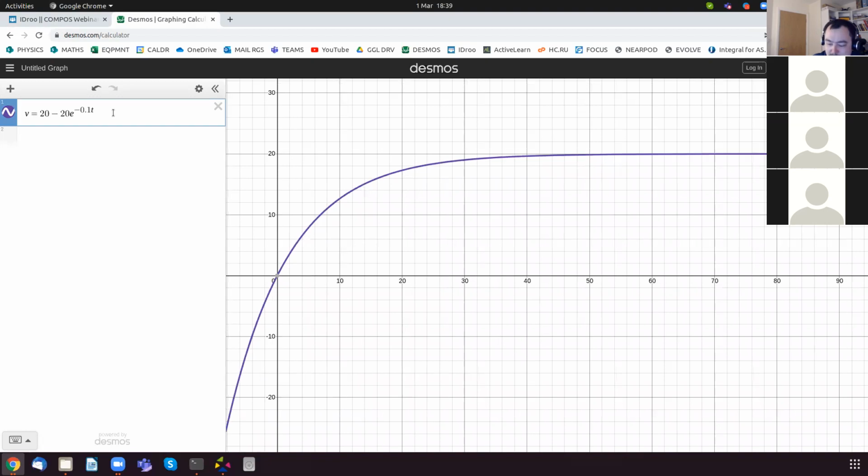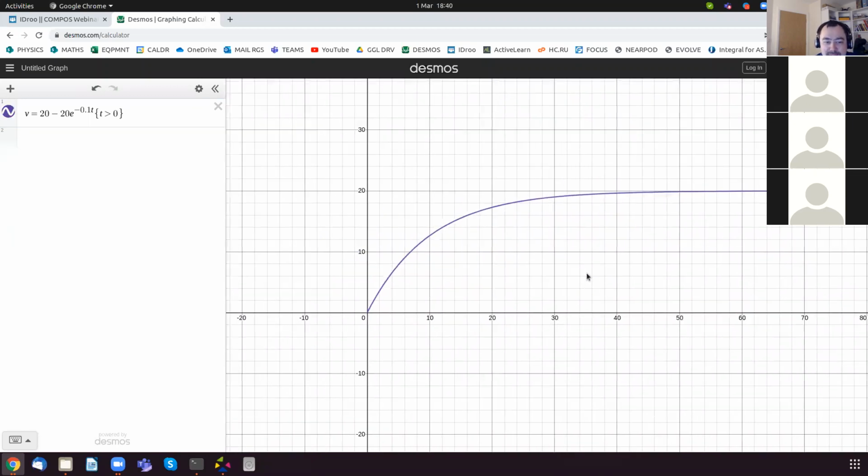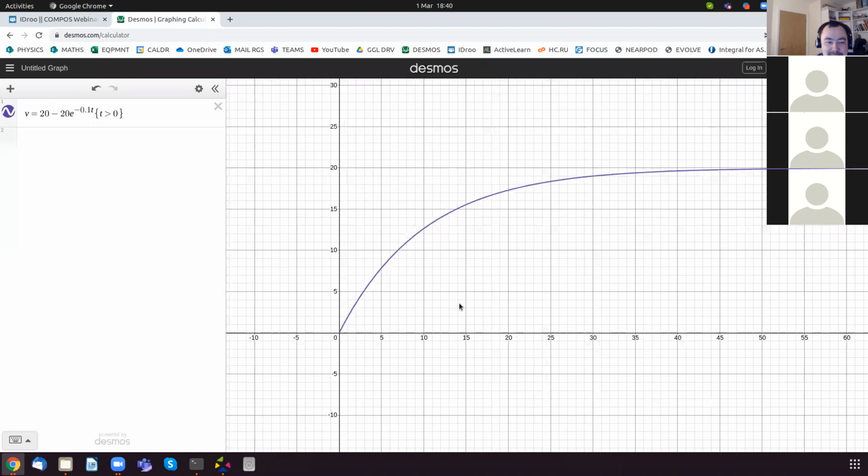Of course, we need to limit t as positive. And that looks very familiar. It looks very similar to a skydiver graph, for example. And you can see as time increases, the speed approaches 20.